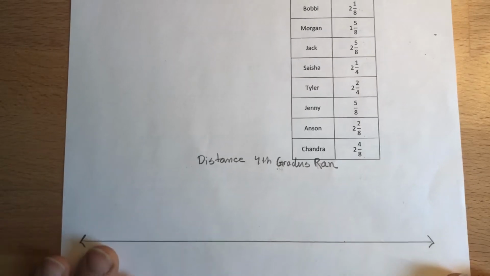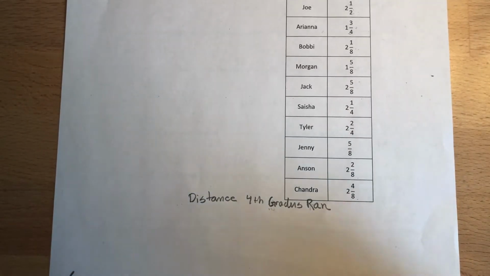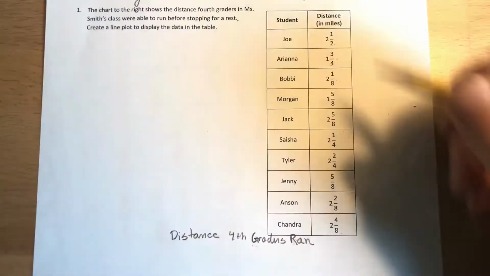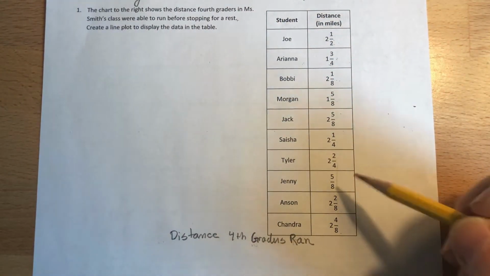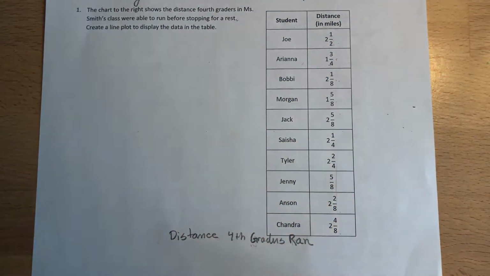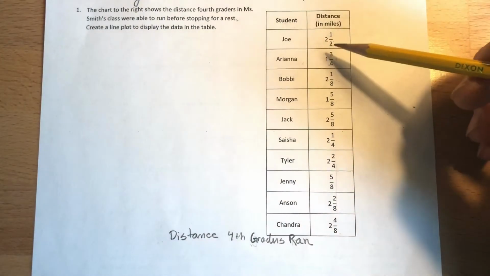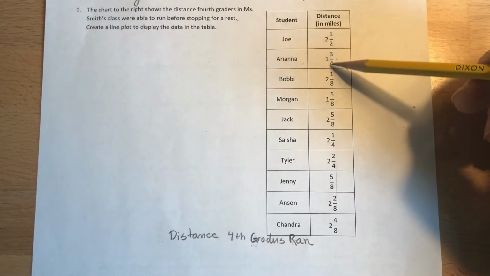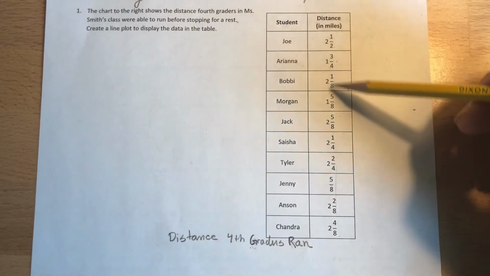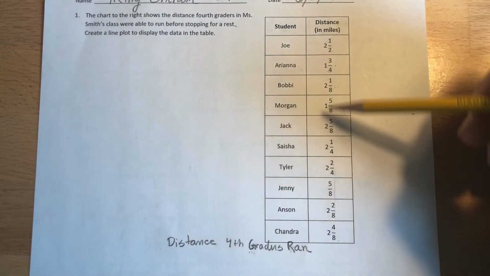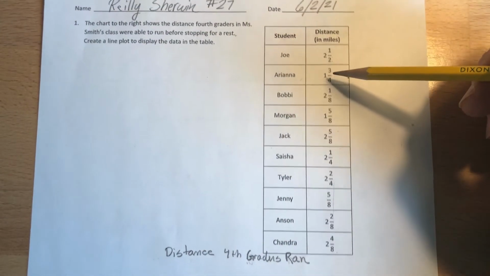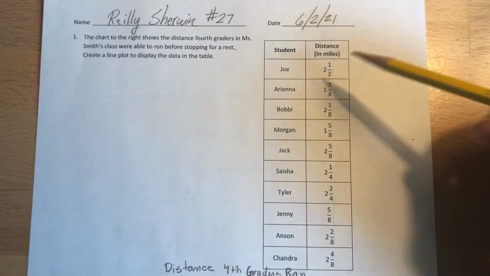Now, what I need to do is figure out where my line plot needs to be by looking at my numbers, okay? So where does it start and where does it end? And I notice that all of these numbers come between 0 and 3. Would we agree with that? Yeah, all comes between 0 and 3.